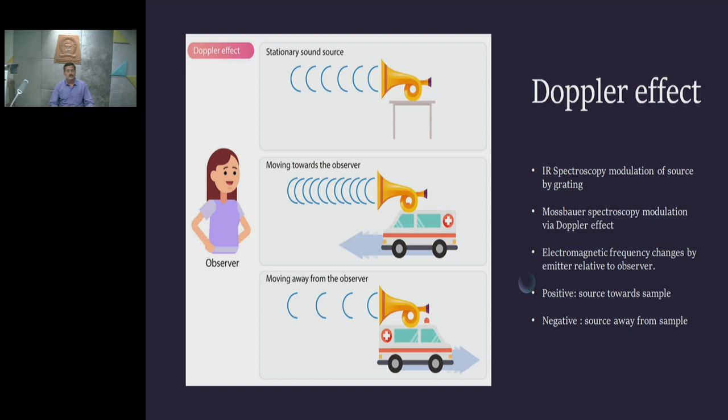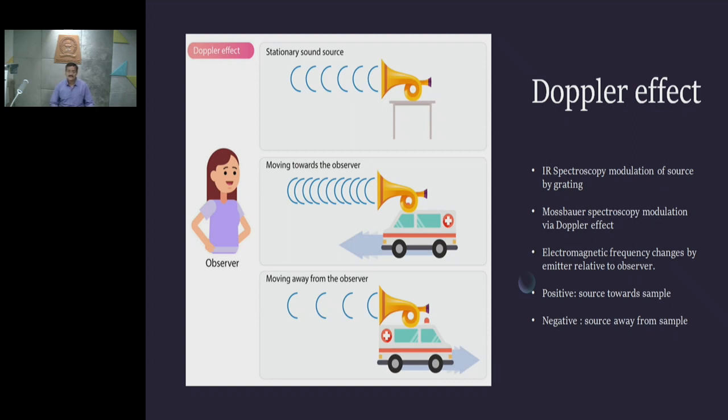Okay. Then we have to see what is meant by the Doppler effect. Whenever we go for different spectroscopic techniques, like IR spectroscopy, there is modulation of the source, which is done by using a grating. While in this spectroscopy, it is modulated using the Doppler effect.